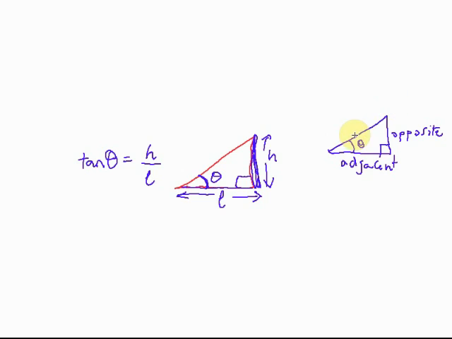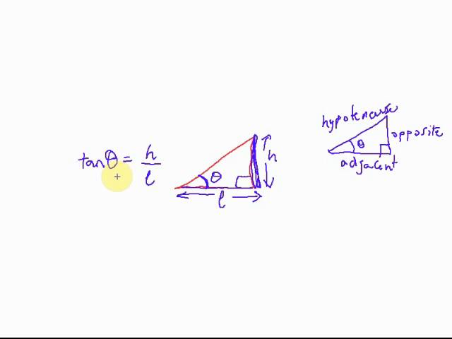Now this one, this slope, which is opposite to the right angle, is called, now this is a rather funny word, isn't it? The hypotenuse. So we have the adjacent, the opposite, and the hypotenuse.